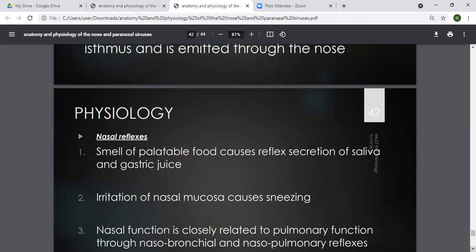So yes, there are people who have very small sinuses or they're underdeveloped. But there are also complications related to that. When someone gets an infection and the sinuses fail to drain properly, there are complications. So when someone doesn't have sinuses, it's sort of an anomaly.